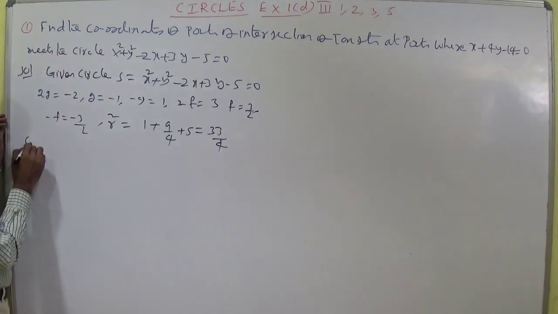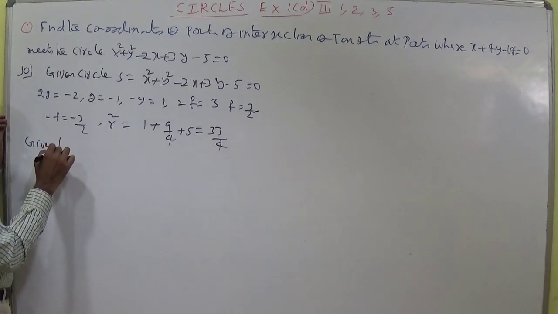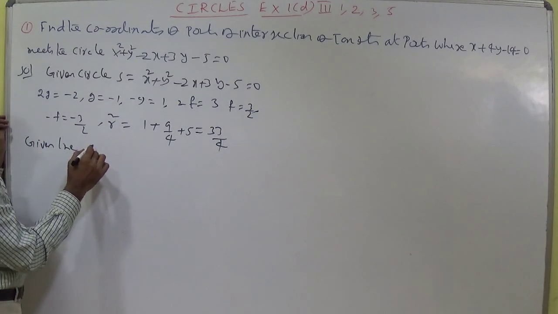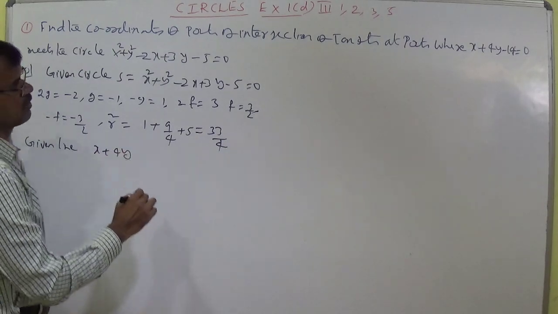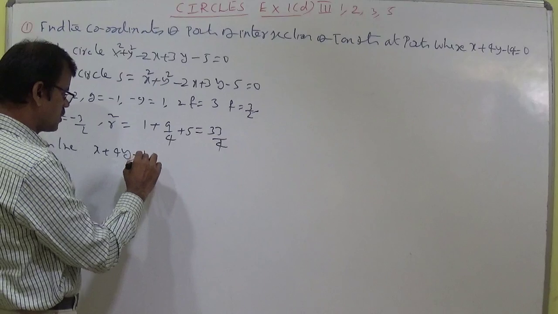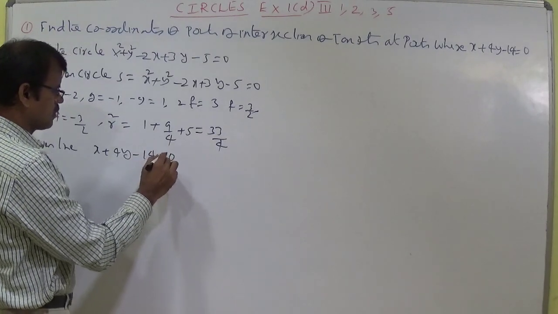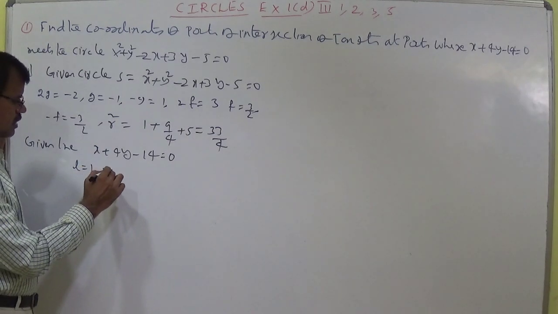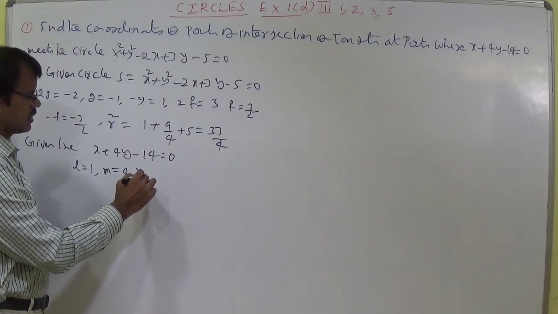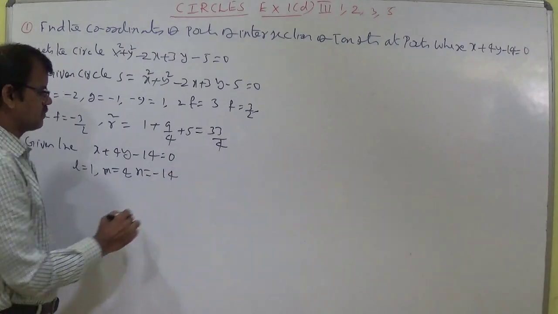Now the given line is x plus 4y minus 14 equal to 0. Here L is equal to 1, M is equal to 4, N is equal to minus 14.